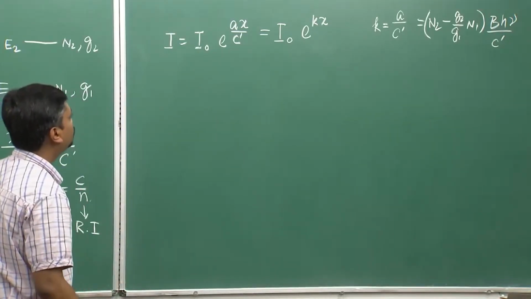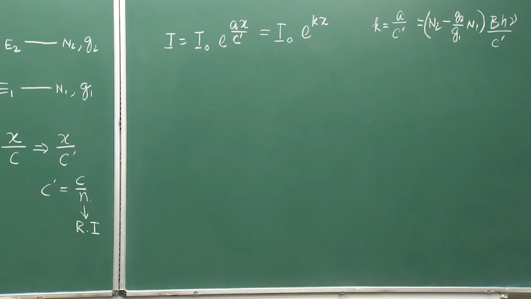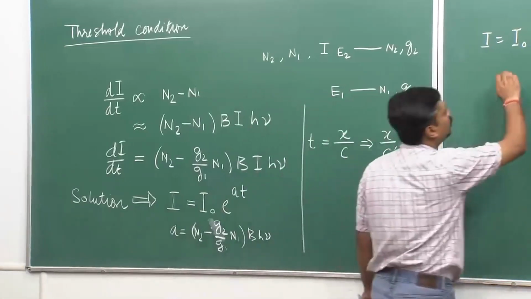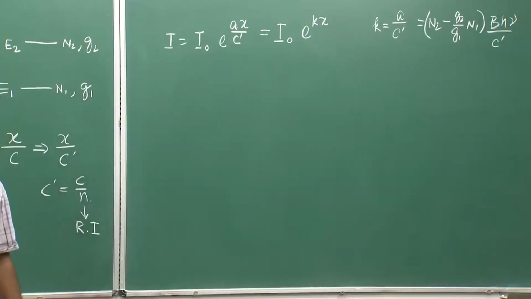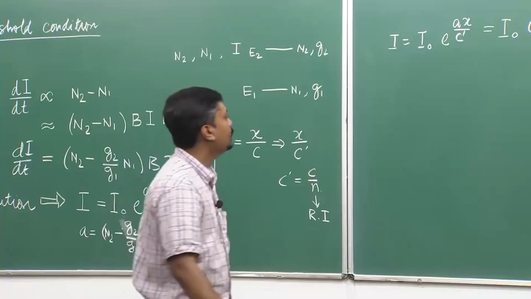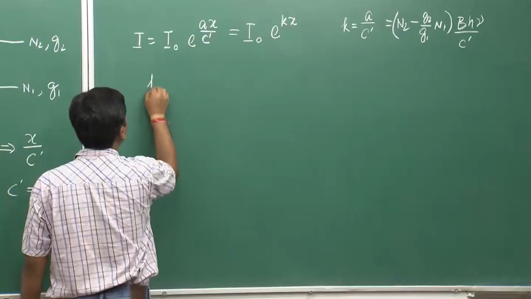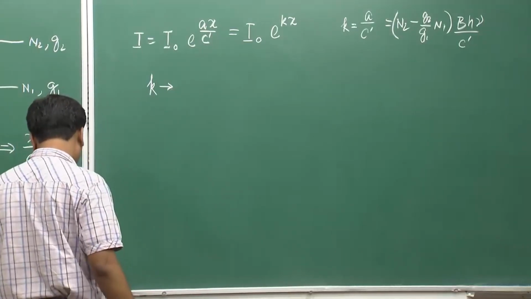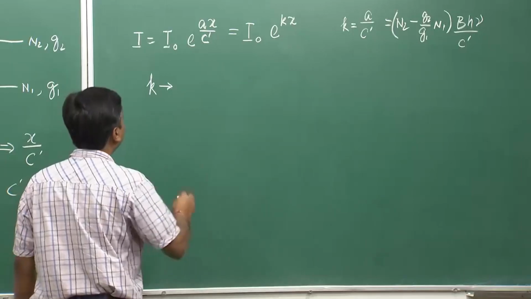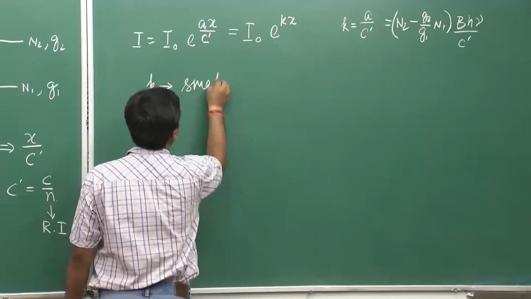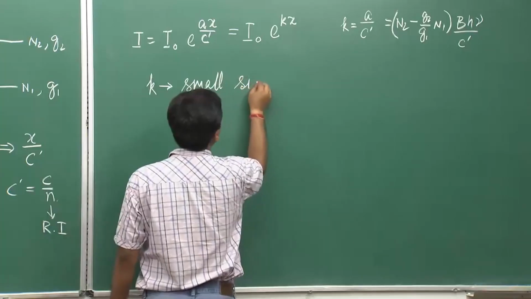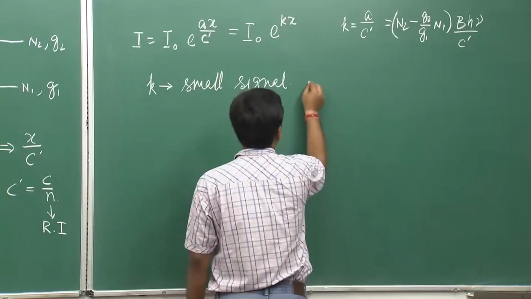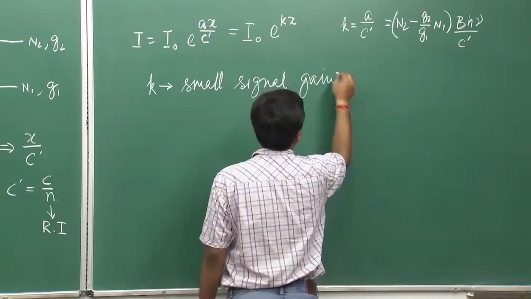Okay. So, this is my expression for I for a particular distance that my photon may be traveling. Now, this k is known as the small signal gain coefficient.